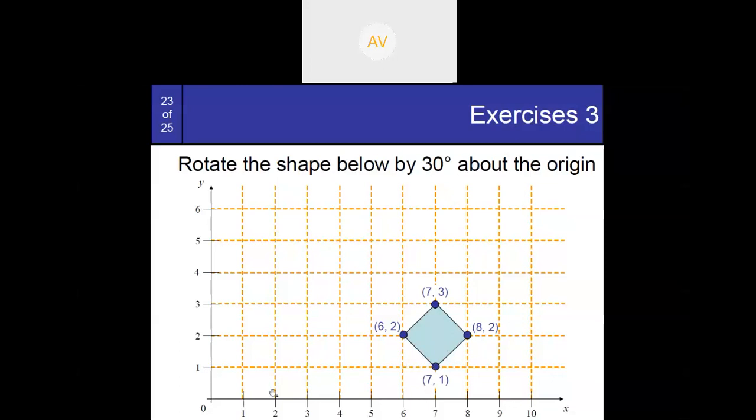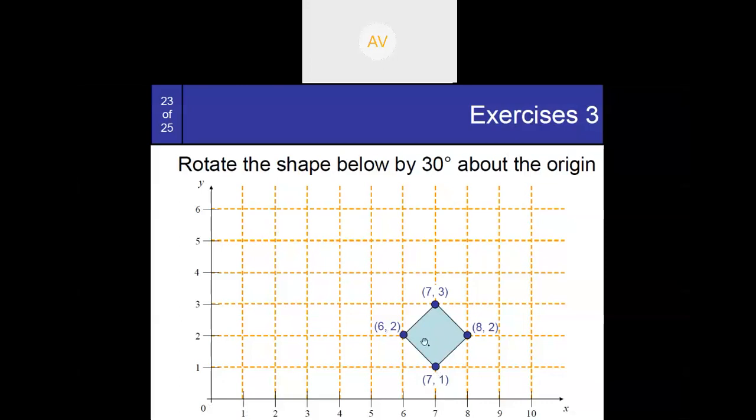So the translation value dx will be -7 and dy will be -1. So this point will be fixed at the origin. Then use the rotation matrix with theta equal to 30 degrees. Rotate this, then multiply with the inverse translation. That time your value will be dx equal to 7 and dy equal to 1.